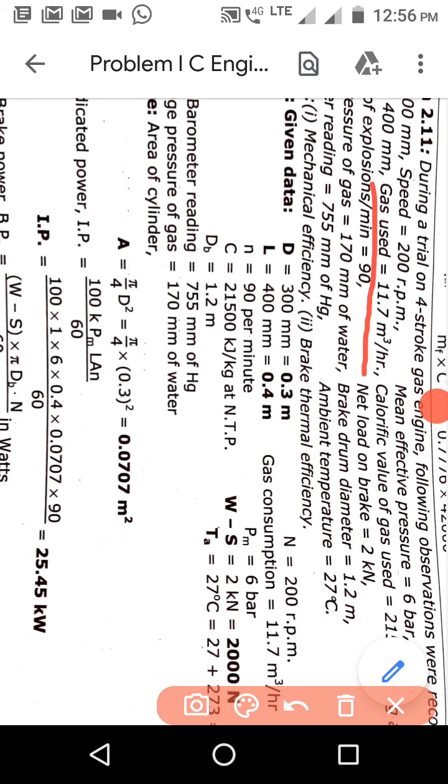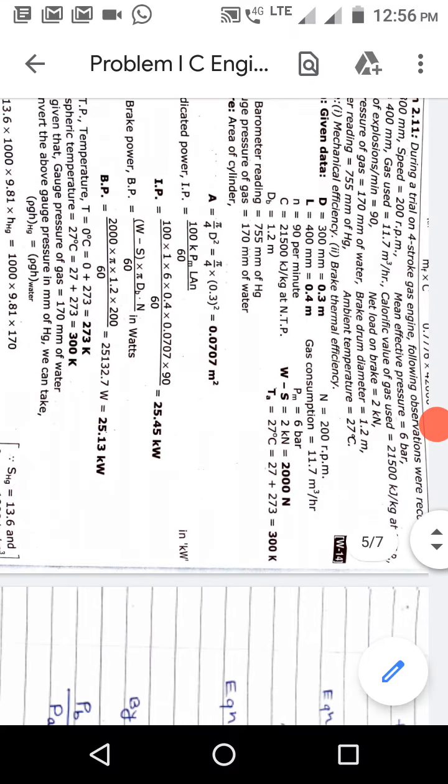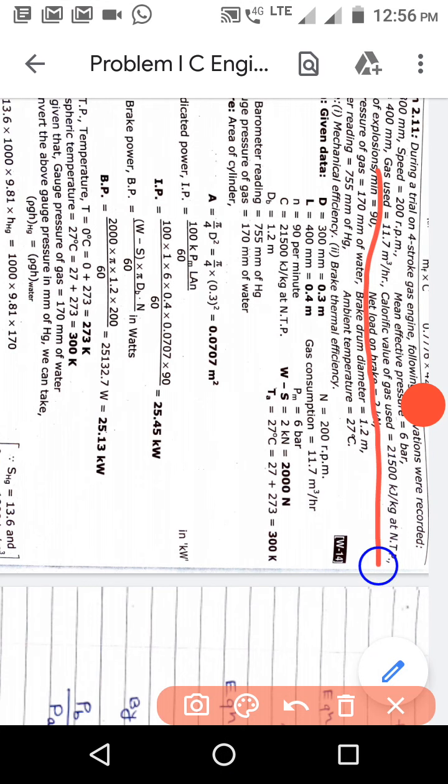The calorific value is not given at real condition. If you read these two lines, the gas used is given at real condition and the calorific value of gas is given at NTP condition. So we cannot convert the calorific value to real condition.